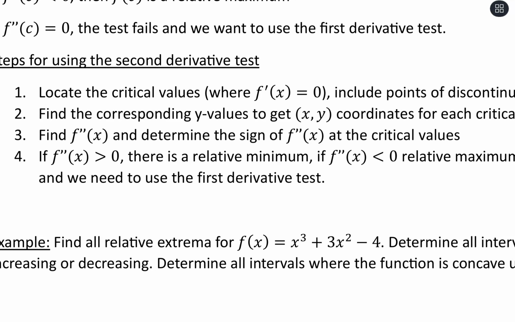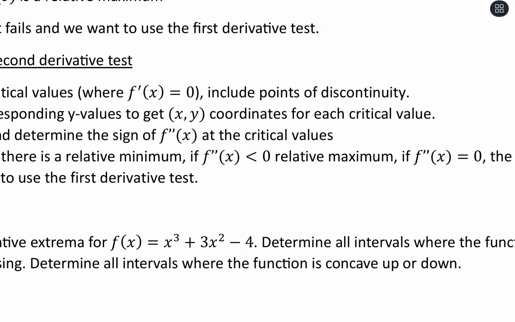So the process that we can go through is starting with our function. We can go through the first derivative test, and from that collect intervals of increasing, decreasing. We could also get our critical points.